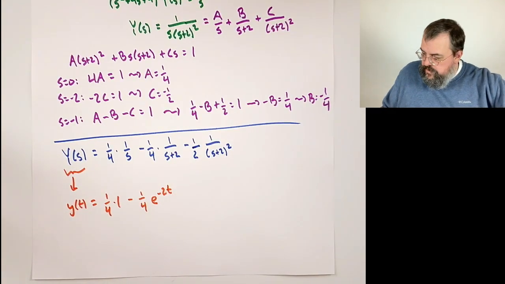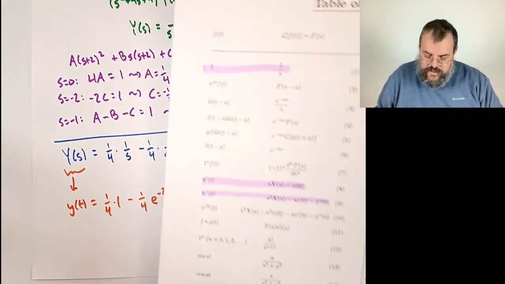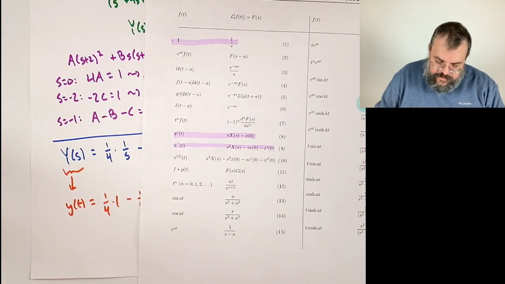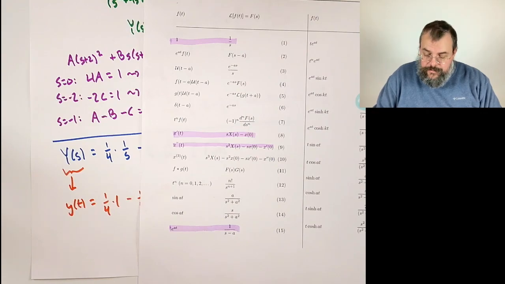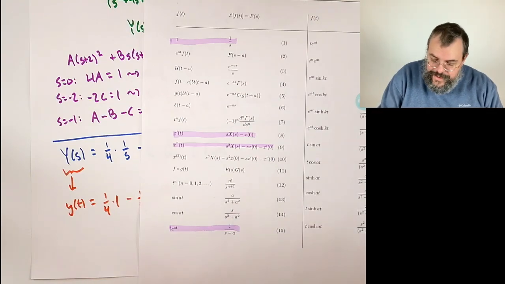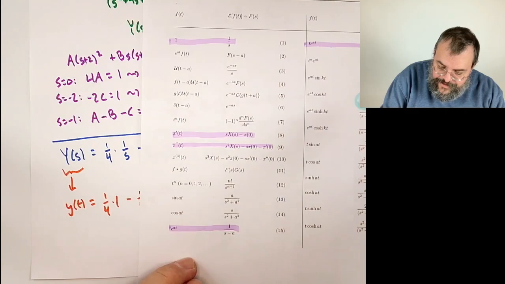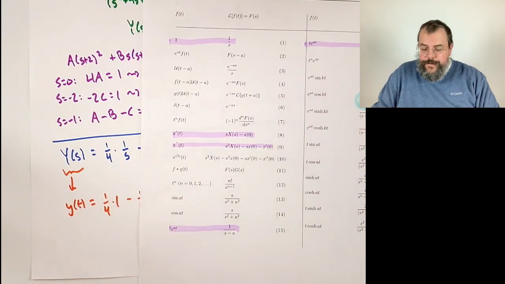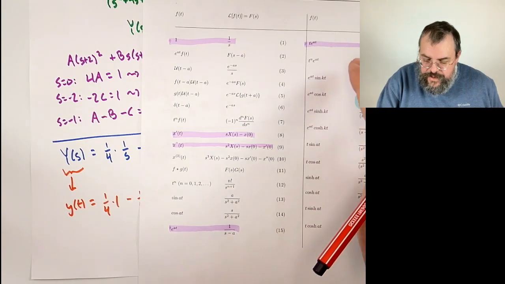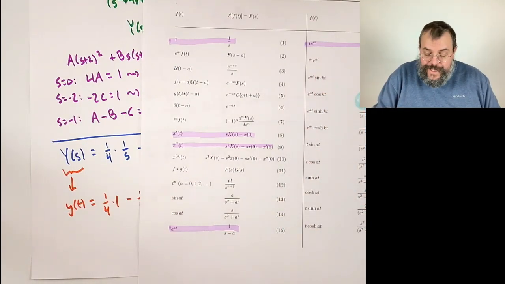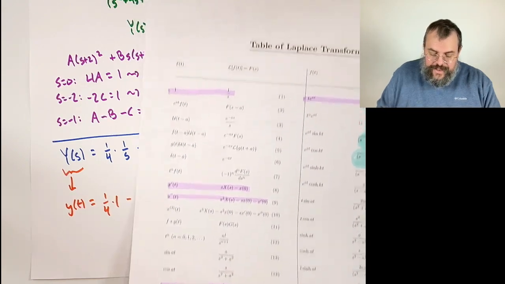All right, so we used that term there. And our last one is 1 over s plus 2 squared. Hey, check this out right there. So that would be 1 over s plus 2 squared. If a is minus 2, that would become t e to the minus 2t.